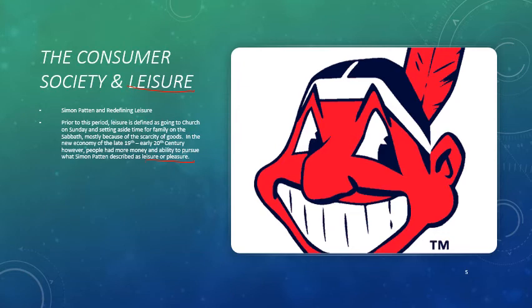Patten believes that with a little bit of rest or leisure or enjoyable experiences, people's work efficiency will improve, their attitude will improve, their family life will improve. So people should start seeking out new and different opportunities for leisure activities.